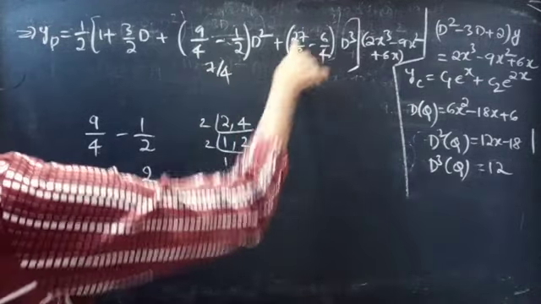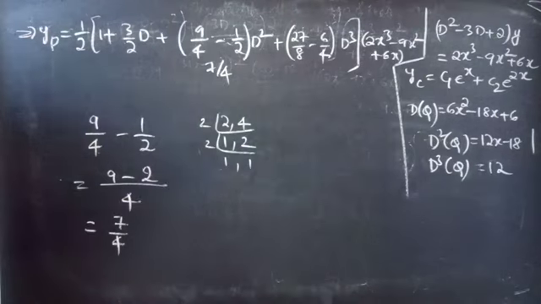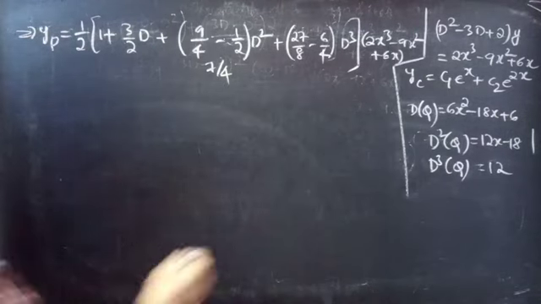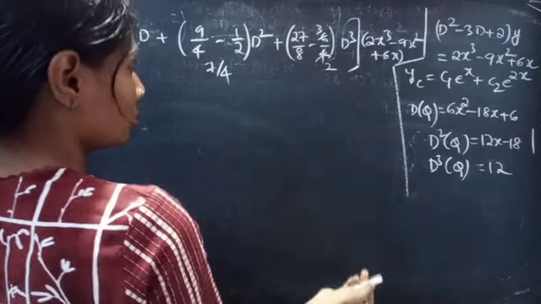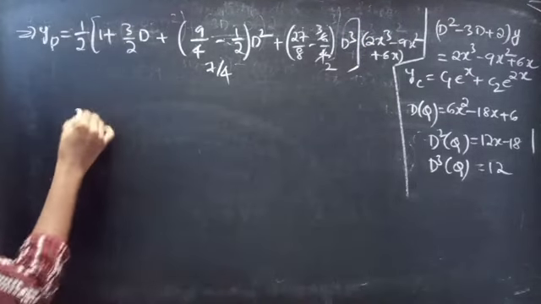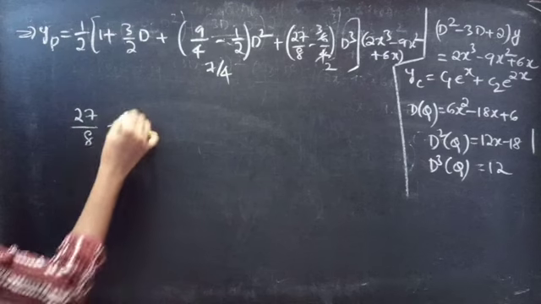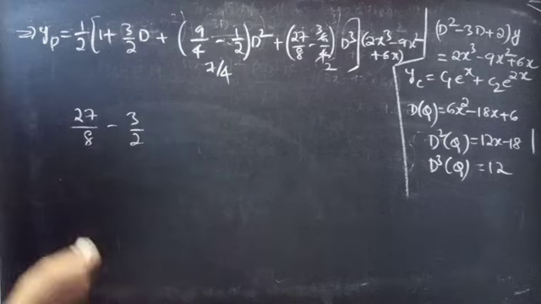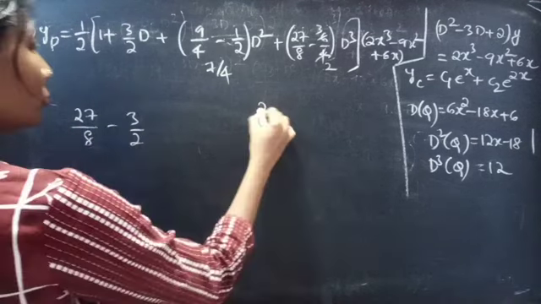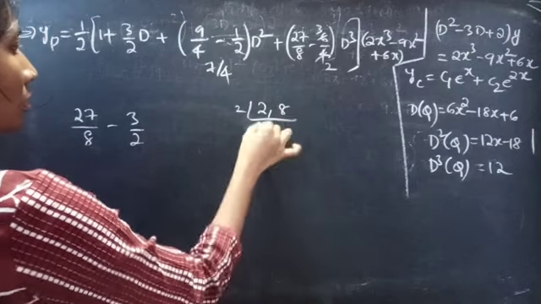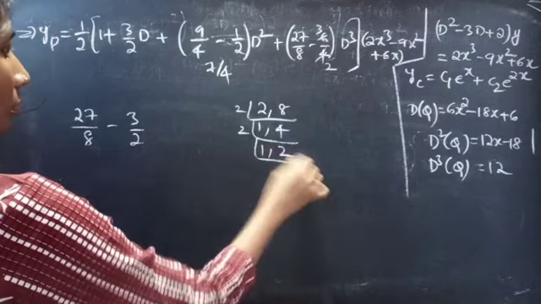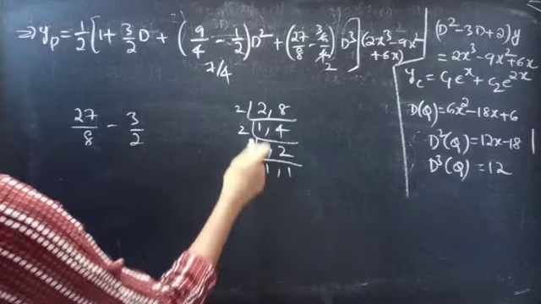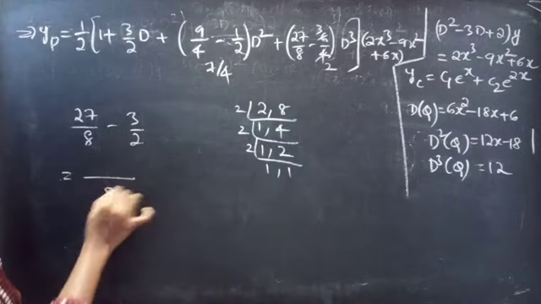And now let's find this. 2 3s are 6, 2 2s are 4, right? So 27 by 8 minus 3 by 2 is, find LCM of 8 and 2. 2 4s are 8, 2 2s are 4, 4 2s are 8. 8 is LCM.